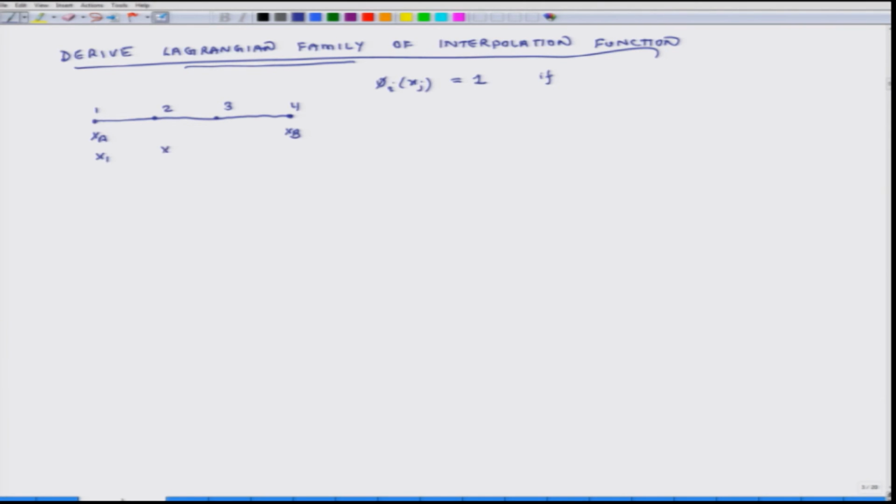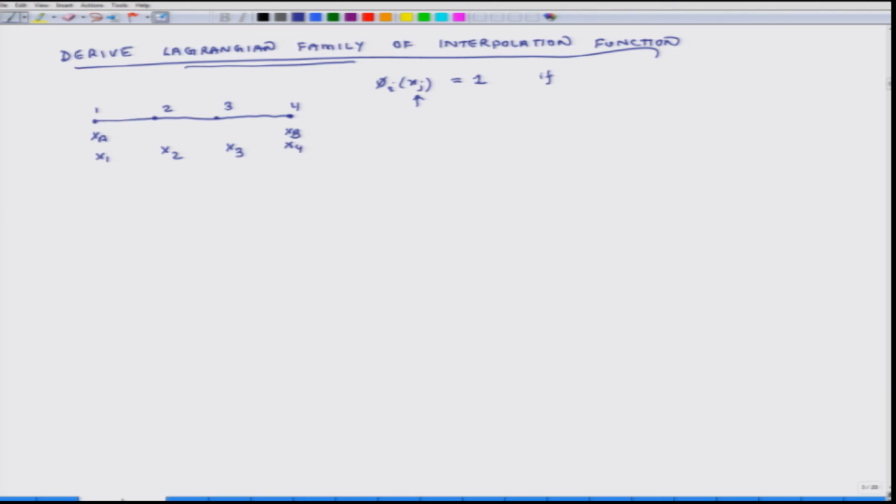This is x1, this is x2, this is x3, this is x4. So, xa is equal to x1, then x2, x3, x4. So, xj can have how many values?